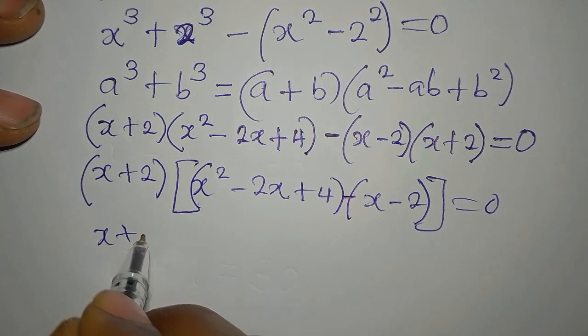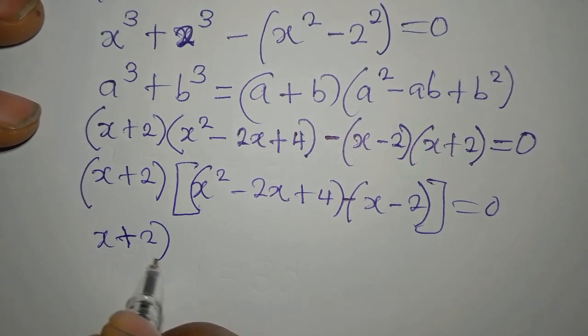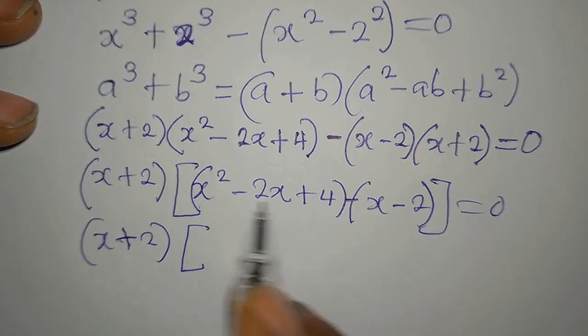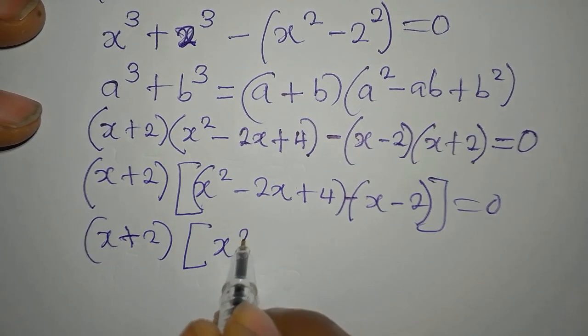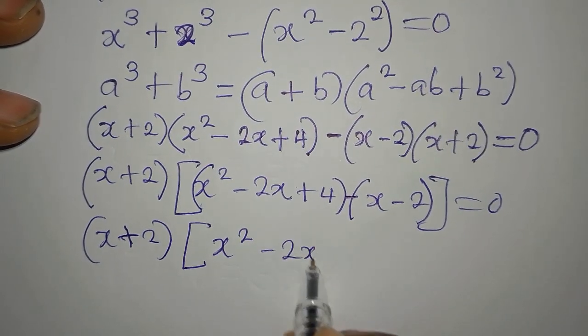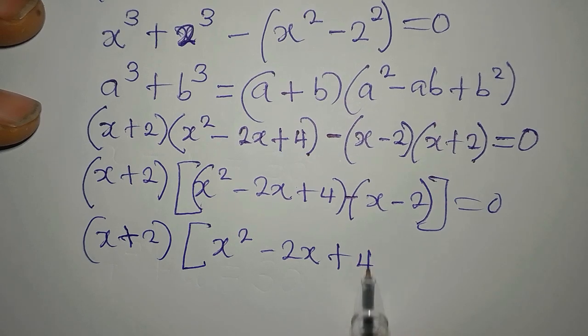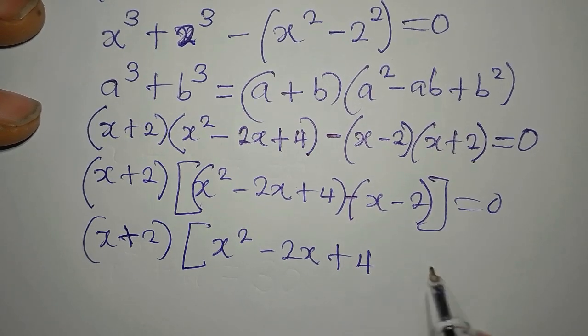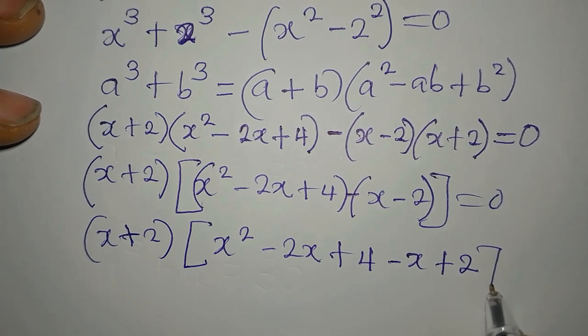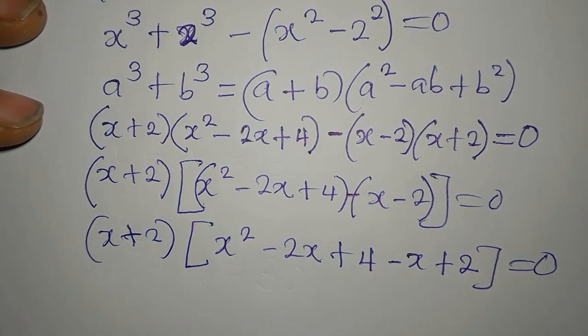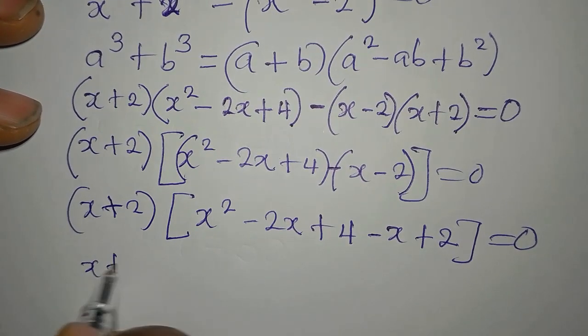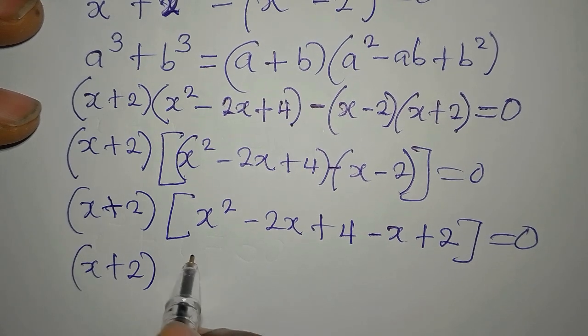Now, x plus 2 is still a common factor. Then from here, we have x squared minus 2x plus 4. This negative will open the bracket, so we have negative x and plus 2. So we equate to 0. x plus 2 is still a common factor.